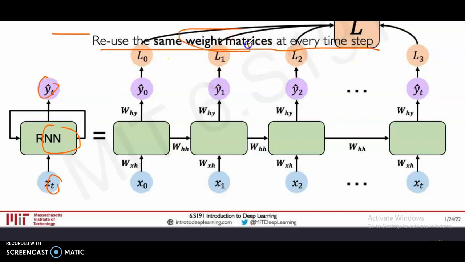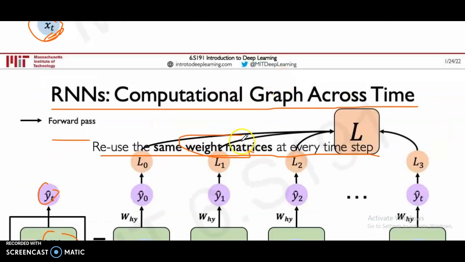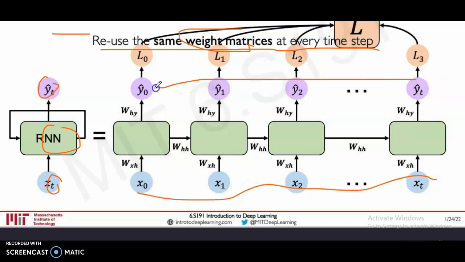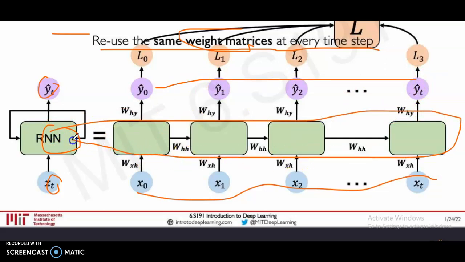Here W_xh applies to x_0. These are the input vectors, these are the output vectors, and this is the RNN hidden state.